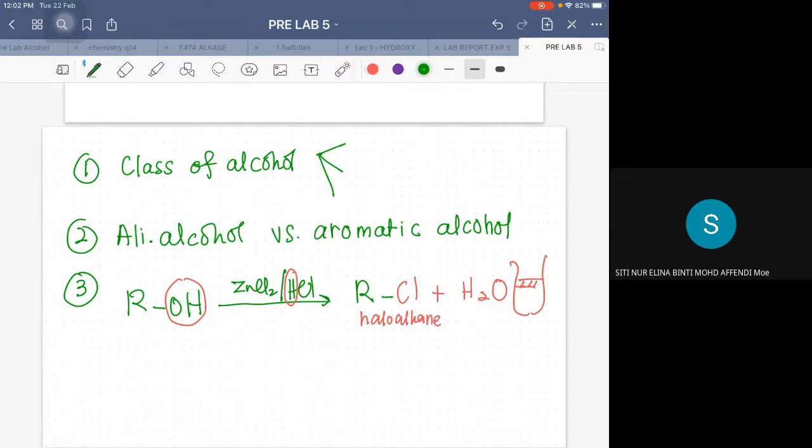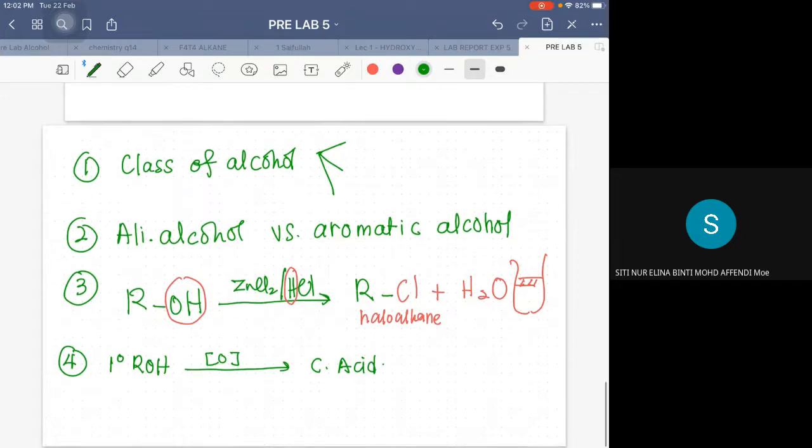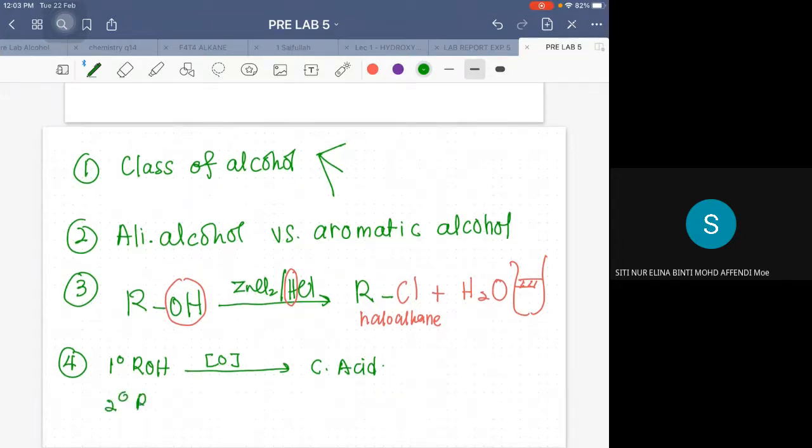Okay, perkara yang keempat you belajar adalah oxidation of alcohol. Primary alcohol oxidize akan dapat carboxylic acid. This is the product. So nanti you boleh belajar lebih detail lah dalam lecture alcohol. Secondary alcohol tadi saya tunjukkan, bila dia oxidize kita akan dapat apa?